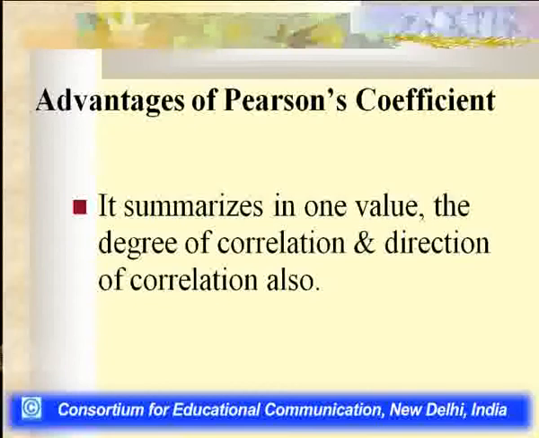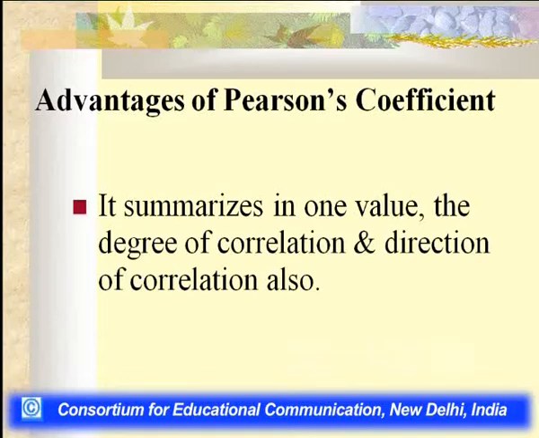Now, as we have the plus, we have the minus of the coefficient of correlation which is calculated by the Karl Pearson's method. The advantage of Karl Pearson's coefficient method is that it summarizes in one value the degree and direction of correlation also.